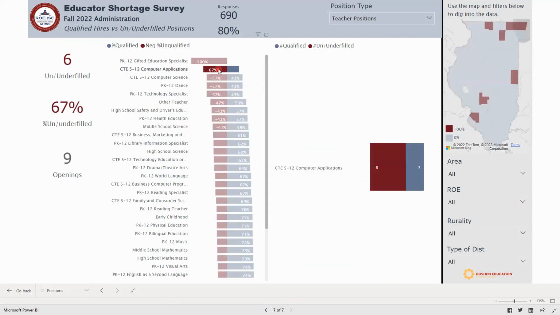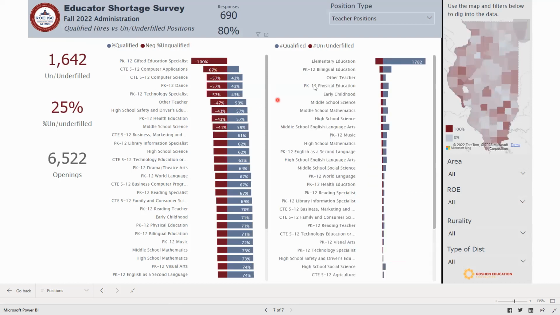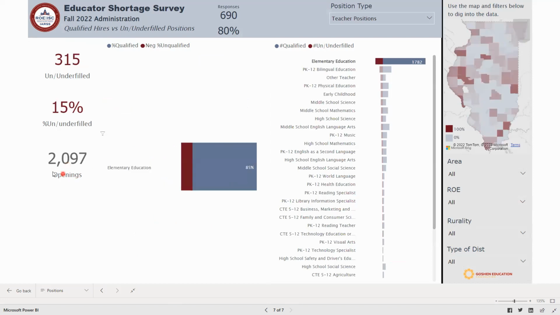If I look at computer applications, there were 9 openings, 6 unfilled. Over here, this is the total number of positions. So looking at elementary education, there were 2,097 openings across the state. 315 went underfilled.